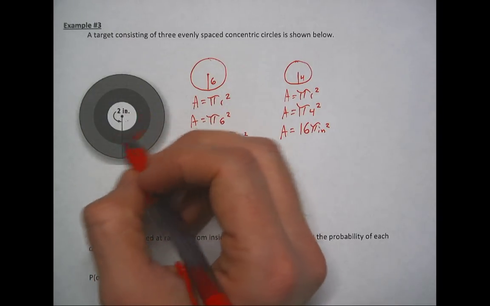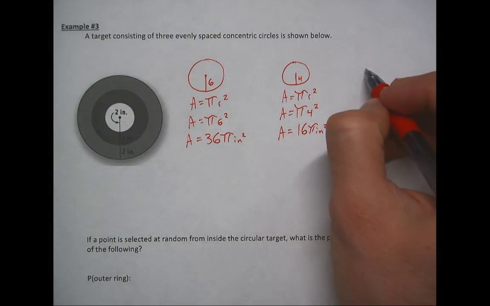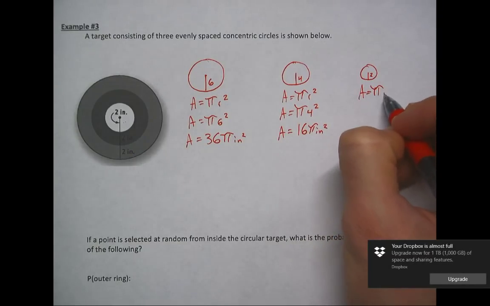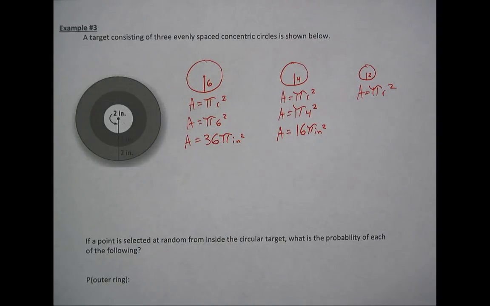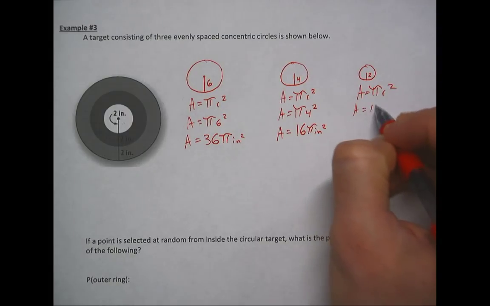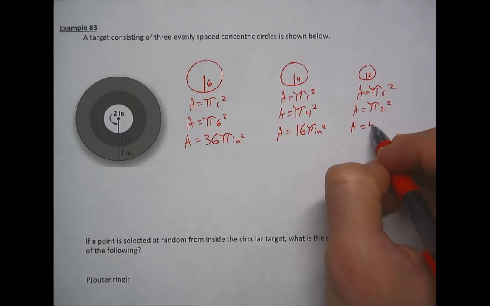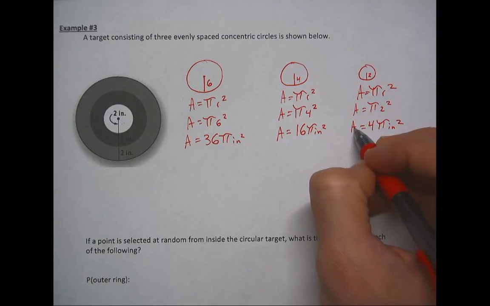It could go in any part of it. That represents 16 pi in the area. And then the actual bullseye, the little circle, has a radius of 2. And so we're going to plug in 2. 2 squared is 4. So we're going to get 4 pi inches squared.